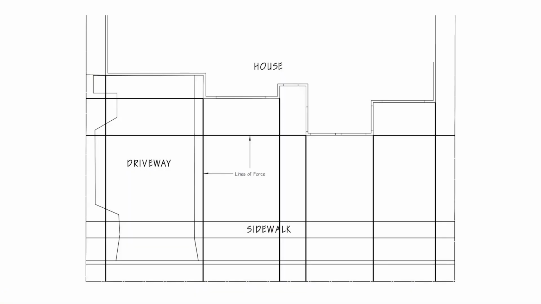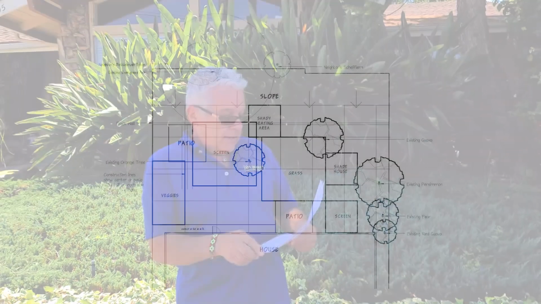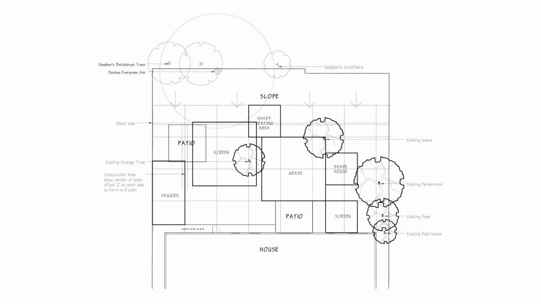It's nice, those lines of force really speak to the dimensions of the house, so it really helps to align patio areas with those lines of force. Then you've got your bubble diagram, which shows you how you want to use your space, and the pattern drawings, which are going to help you put it all together. So all of these layers become the structure for conceiving your garden design.